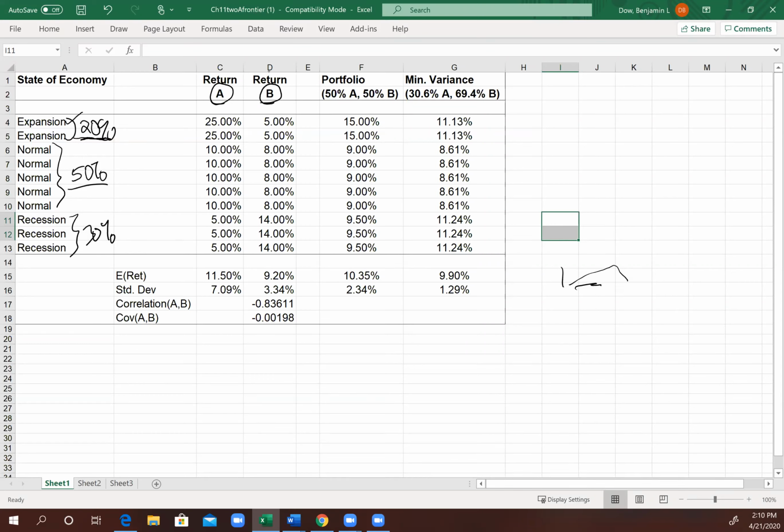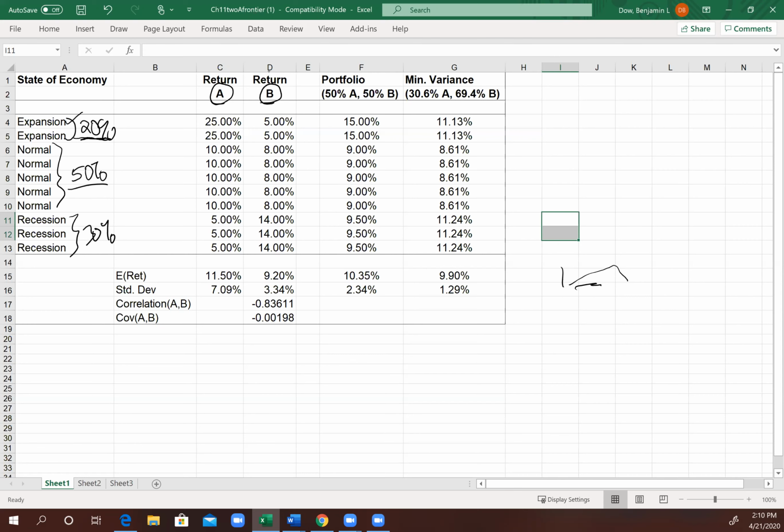So it'll earn 25%, and bonds will earn about 5. During normal times, we have stocks earning 10 and maybe bonds earning 8. During a recession, maybe stocks earn 5 and bonds earn 14. This is just a hypothetical example, obviously. But that's how you can view it.